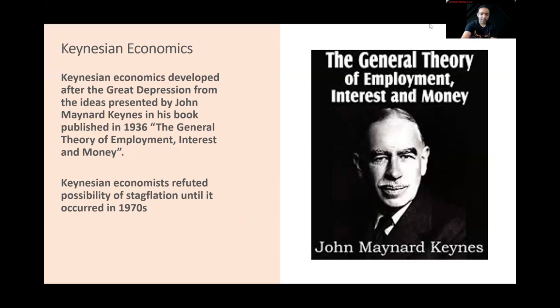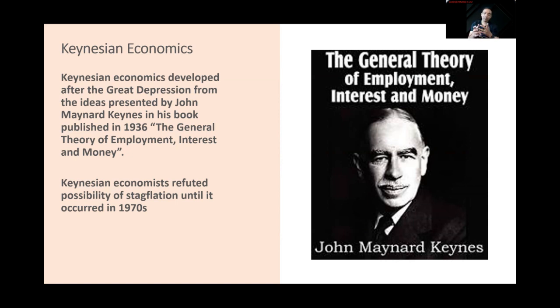Now, let me bring you some history very quickly, just a couple of slides. So, first is John Maynard Keynes, the famous economist. He had written a book, The General Theory of Employment, Interest, and Money. This was, I think, published in 1936. And it's called Keynesian economics. The Keynesian economics developed after the Great Depression.